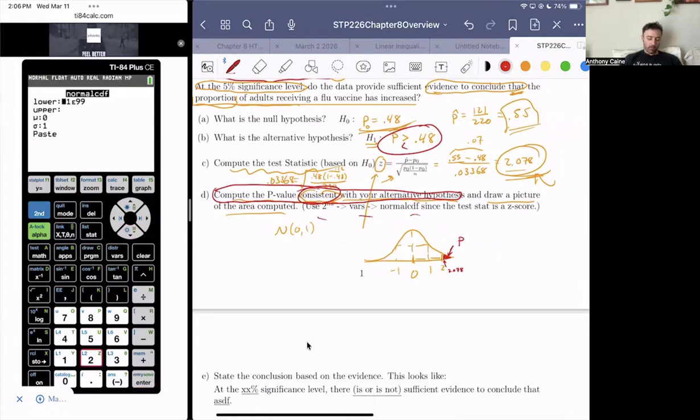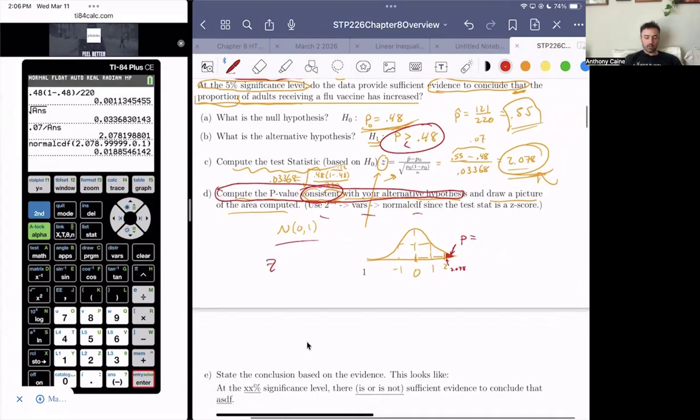What's our lower bound? It's 2.078. What's our upper bound? It doesn't exist, so put in a big number. Mean is 0. Standard deviation is 1 because this is a normal 0, 1. That's where z-scores live. So what's the p-value we get? We get 0.01885. I'm just going to stop there. I'm lazy.